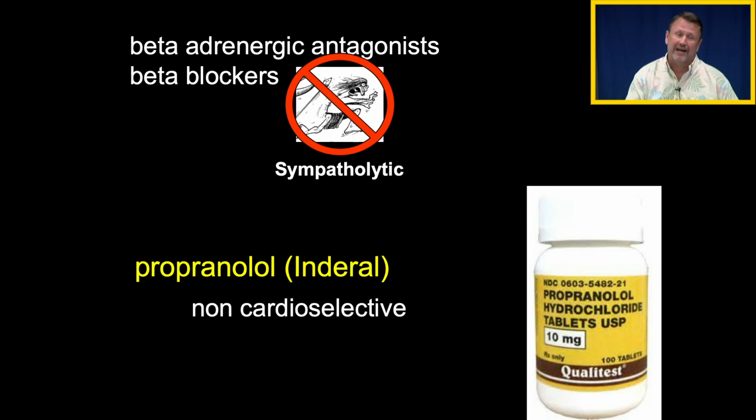And so if you read the Katzung book that goes with this course, that's optional. That's one thing they say: don't memorize these long lists of drugs. Pick one drug that is the prototype for its class, like propranolol, our typical non-selective beta blocker. And if you take a little bit of a look at propranolol and the package insert, you'll realize that all the non-cardioselective beta blockers read the same way.